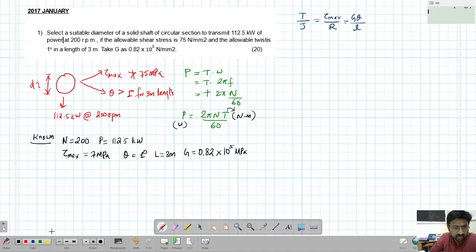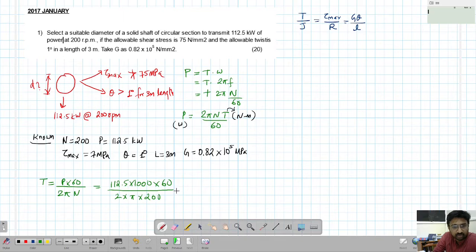First we will use the first equation to find the torque. We can rearrange the equation as T equal to P times 60 upon 2 pi n. The power is given in kilowatt, so you have to convert it into watt. So 112.5 into 1000 watts into 60 divided by 2 into pi times n, where n is given as 200.